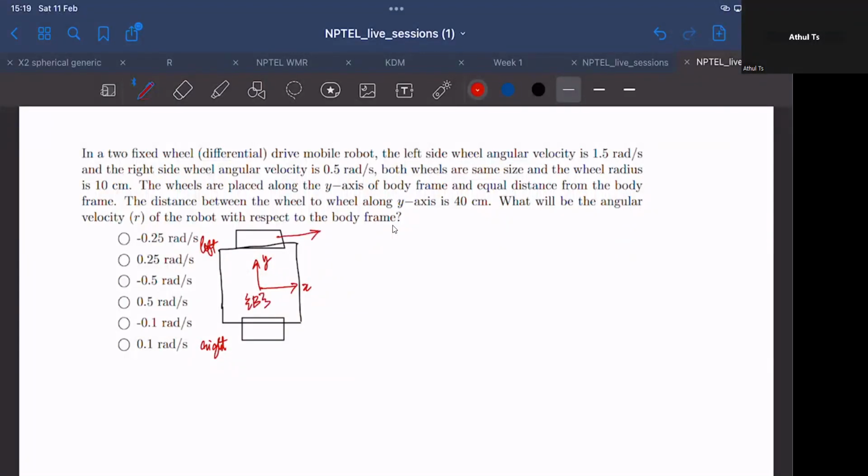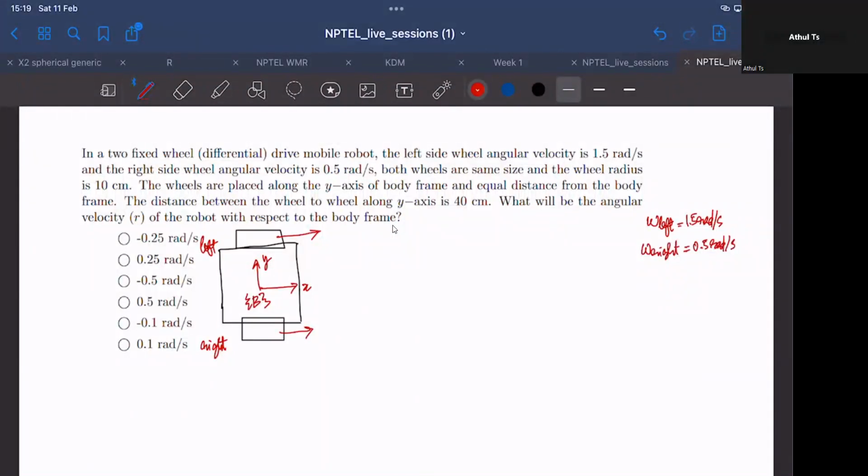We are given omega left, that is 1.5 radians per second, and omega right, that is 0.5 radians per second.